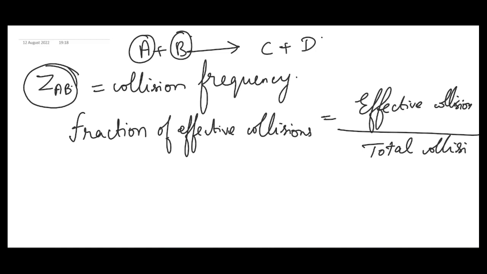Total collisions is nothing but the sum of effective and ineffective collisions. Now we have understood what ZAB is. A and B are reactants, so that is why we represent it as ZAB.